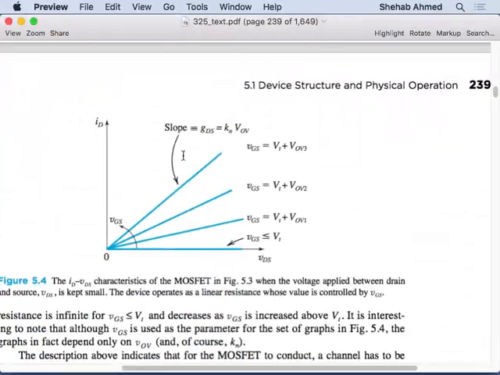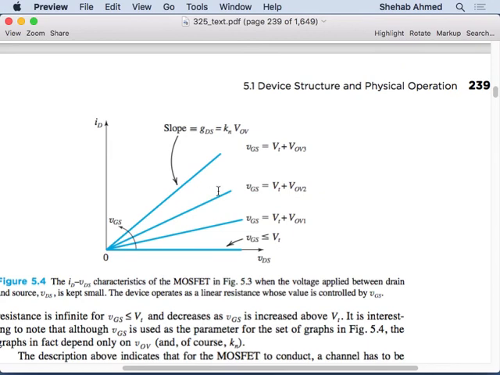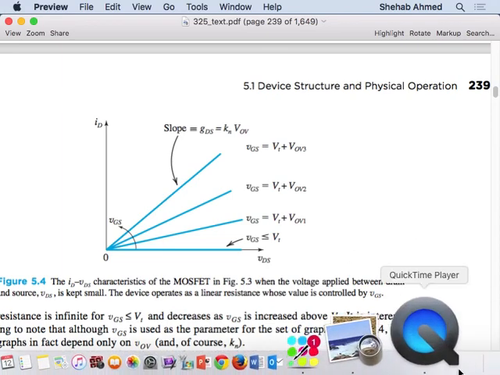So remember, different values of VGS will control the value of R, and so will control the slope of this line. And where you are on this line will depend on the value of VD and ID that you have. Okay, we'll stop here and we'll continue with the rest of the parameters later.